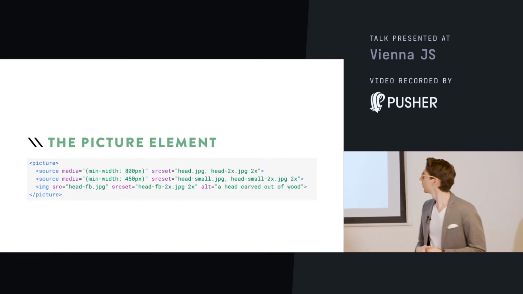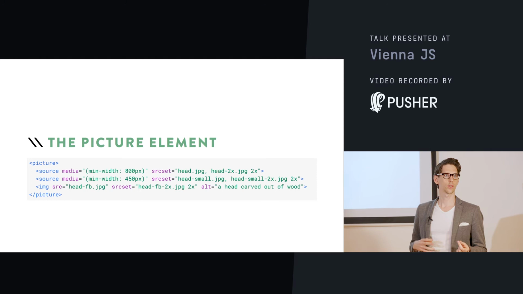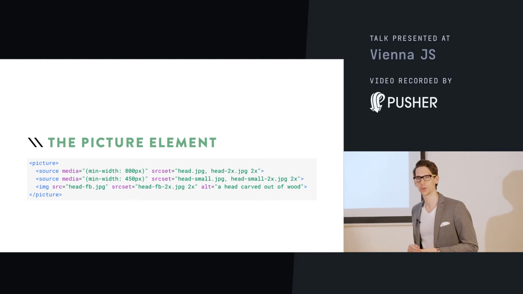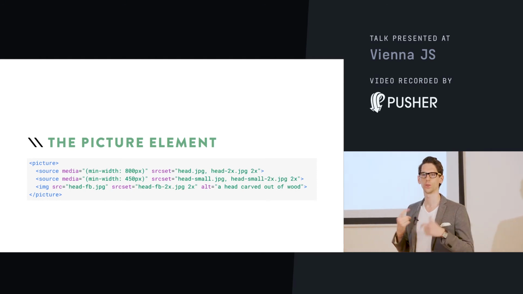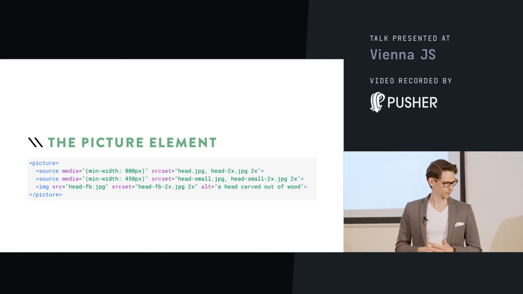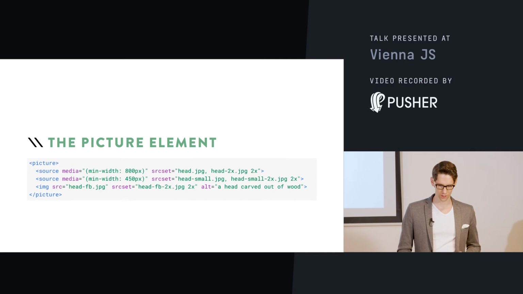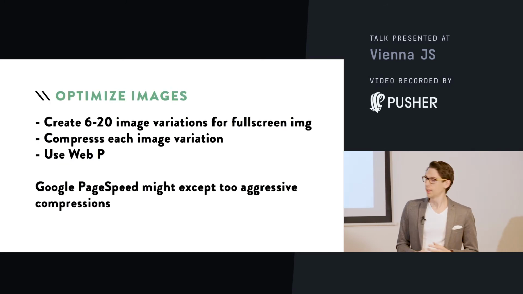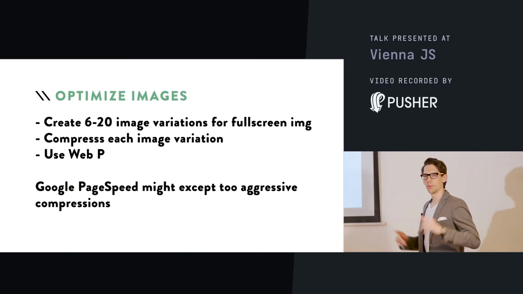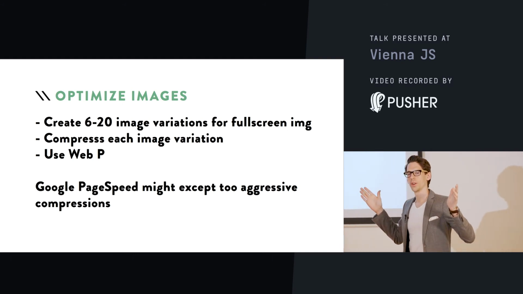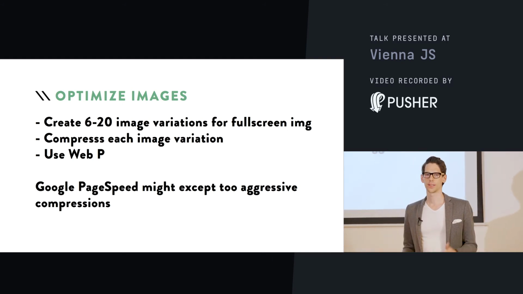If you want to show different images on mobile and on desktop, you can also use the picture element, which allows you to do art direction. I'm not going into that too much because I actually gave a lightning talk about that already. If you have an image with its full width on the browser, you should have at least 6 different sizes for that image.